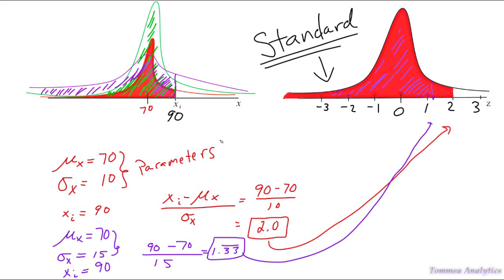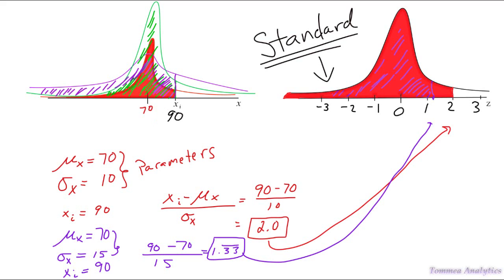Now another use for the z-score is as a measure of relative standing. So in other words, this observed value of 90 lies 2 standard deviations from its mean.